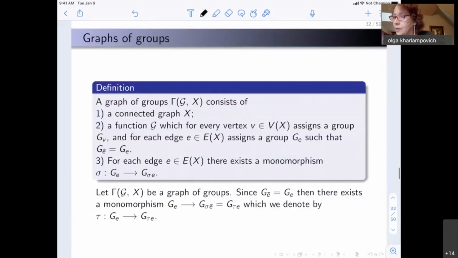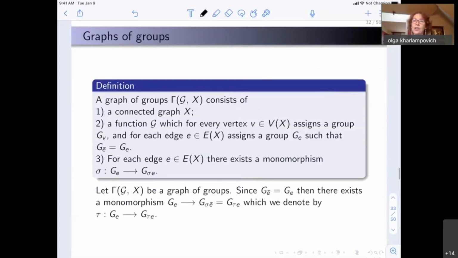Again, let's skip this. Now let me give a general definition. This is a generalization of an amalgamated product. It's the definition of a graph of groups. So a graph of groups consists of a graph and groups. To each vertex of the graph, we assign a group. The graph should be connected.